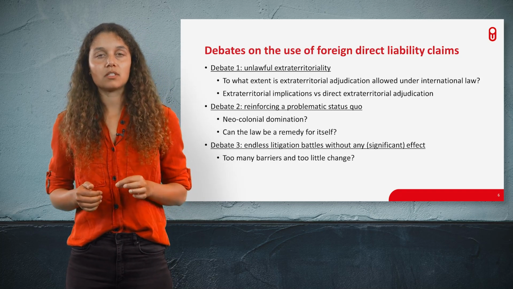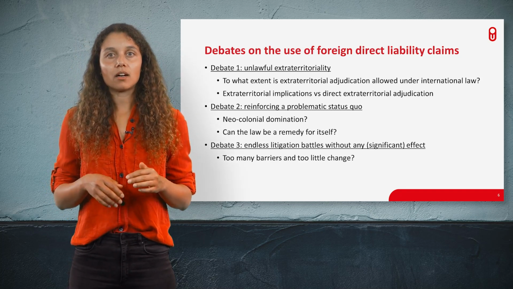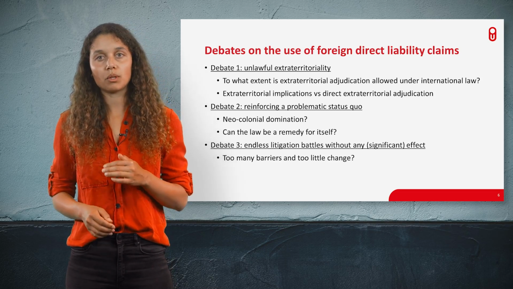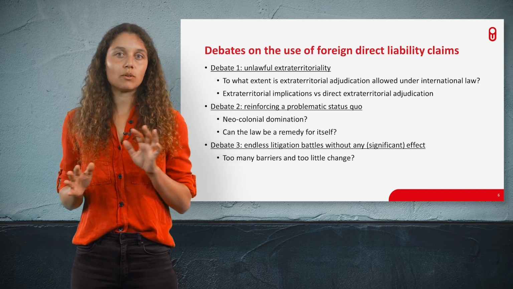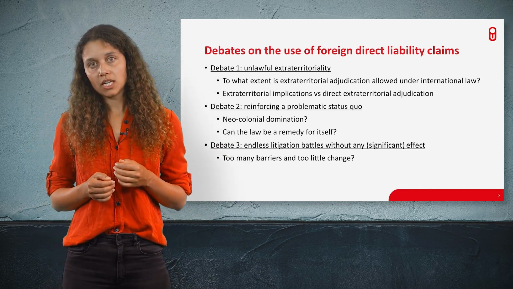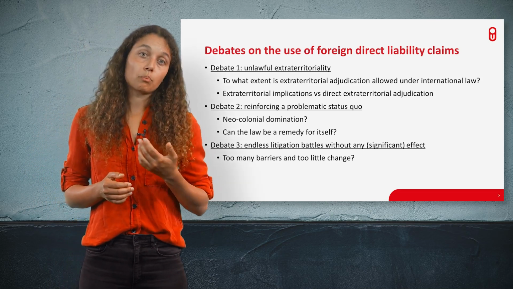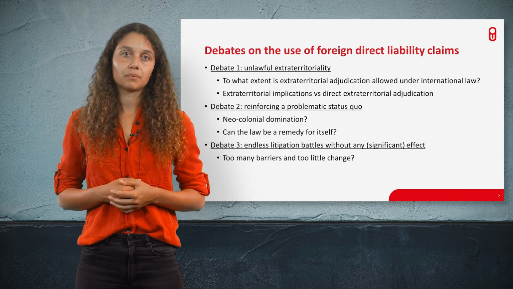The effectiveness of endless litigation battles is of course questionable, and there are only a handful of cases with positive outcomes for the plaintiffs. There are slightly more out-of-court settlements that also resulted in some form of compensation. However, examples of a problematic distribution of the proceeds of these settlements are manifold.